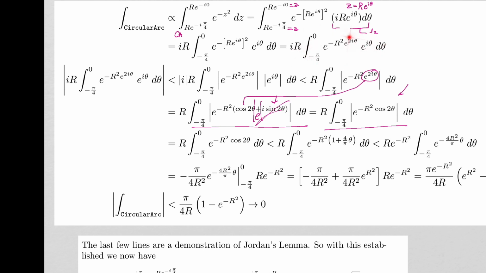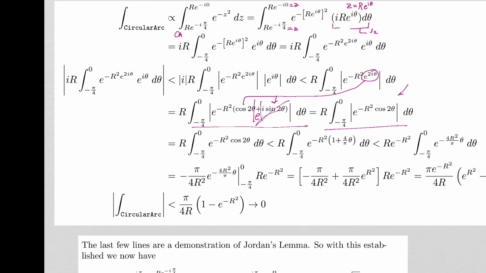In other words, the magnitude of this is always positive, and it's always less than the magnitude of something else, in particular, this integral I'm circling right now. If I can show that the larger integral goes to zero, then you know that the magnitude of the smaller one goes to zero. And that's the whole point of this.